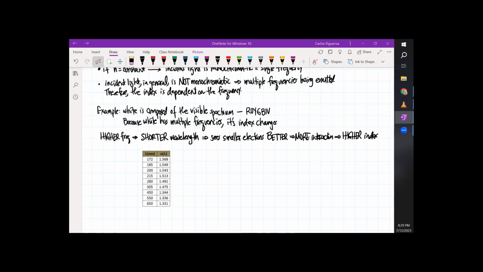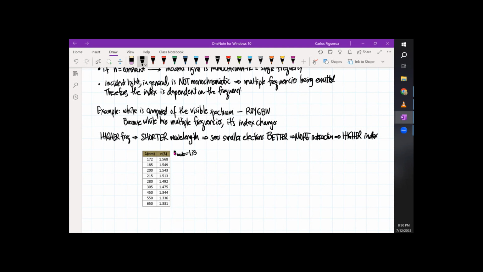And when you look at this table, what is it that you see here? For this medium, this is the index of water, which is 1.33. And you could see here as the frequency changes or the wavelength changes, the index of refraction changes.